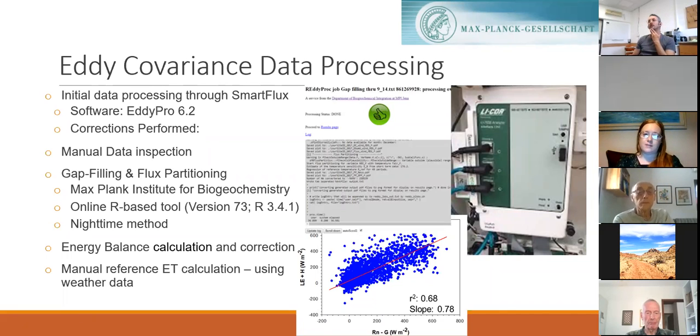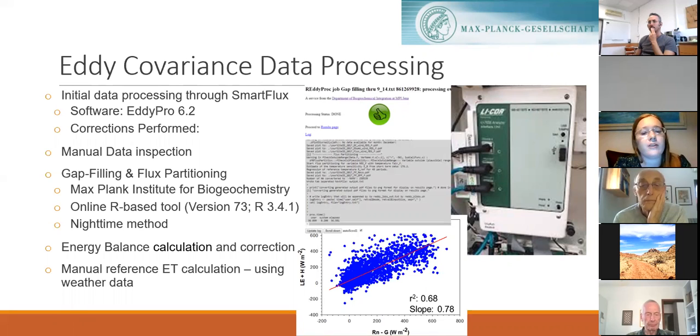It does an initial inspection, and then after EddyPro has gone through the data, I do a manual inspection myself, and any erroneous data I remove, and I gap fill using the Max Planck Institute for Biogeochemistry's method. This is an R-based program, and you can see an output of that here. I'm using the nighttime method, and version 73 using R 3.4.1 of the gap filling software.